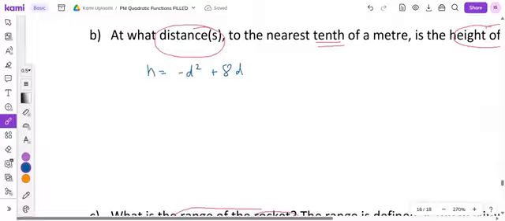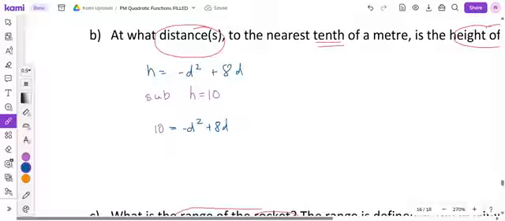And if I don't know what to do, I'm going to substitute something. What am I going to sub? What does 10 represent? Yeah, the height is 10 meters. Oh, so I can take that 10 and put it into the equation. So 10 equals -d squared plus 8d.